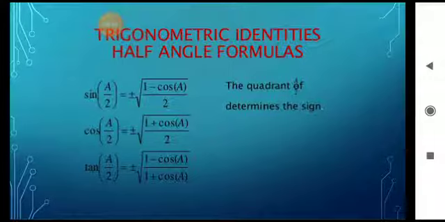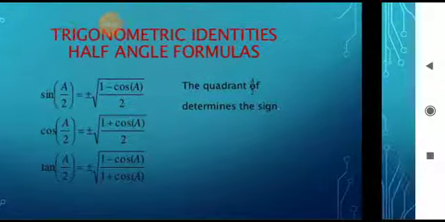Sin A by 2 is equal to plus minus under root 1 minus cos A upon 2, and cos A by 2 is equal to plus minus under root 1 plus cos A upon 2, and tan A by 2 is equal to plus minus under root 1 minus cos A upon 1 plus cos A. These are the formulas of half angle of sine, cos and tan. The quadrant of the half angle determines the sign.